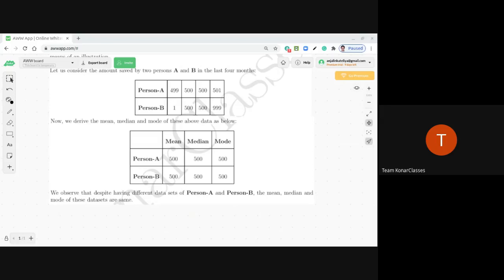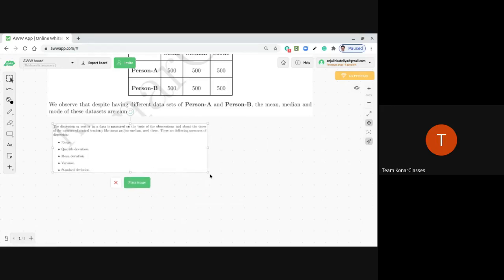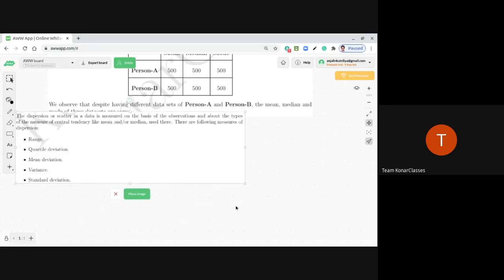The dispersion or scatter in a data is measured on the basis of the observations about the type of the measure of central tendency. Let me first write it down and then explain in detail.